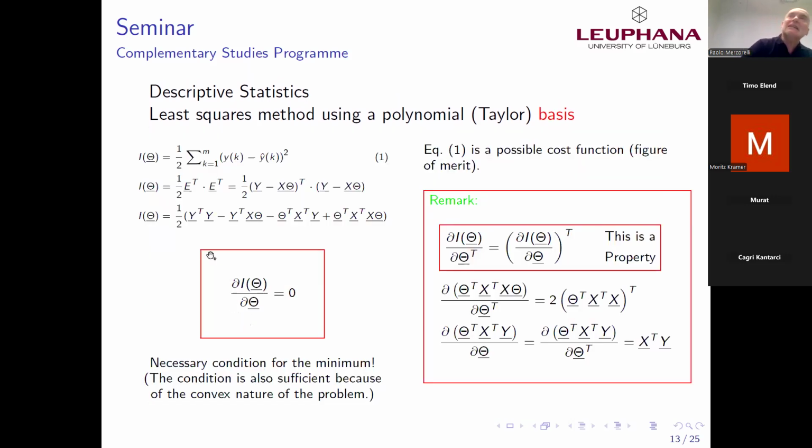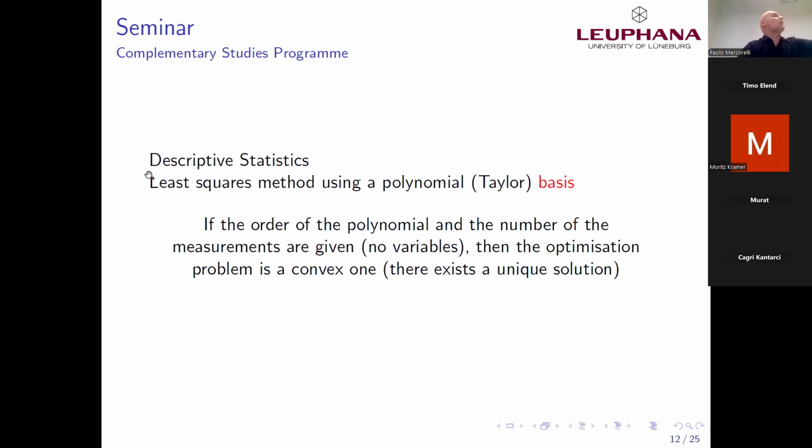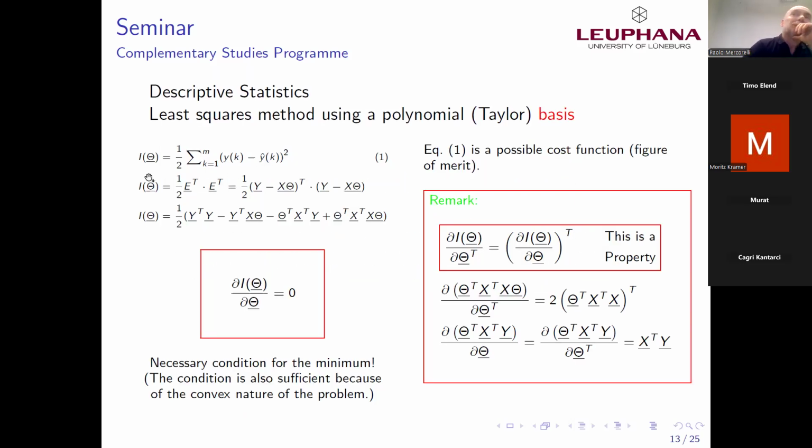The idea is we can see again why this expression is exactly what I told you until now. This cost function depends on theta. Theta is a vector, the vector of the parameters A0, A1, AN, just formally, mathematically.